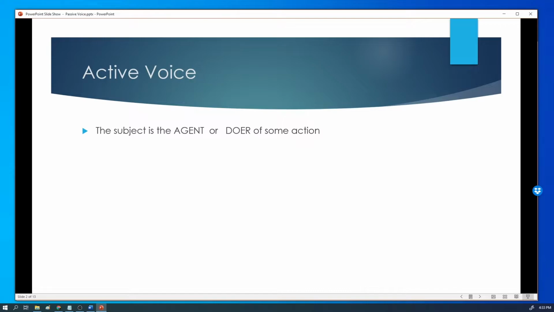The subject of the sentence is the person or animal or thing that is doing the action. So we call this the agent or the doer of the action. The verb appears in its usual conjugations depending on the tense. So this is basically everyday sentences with everyday verbs.